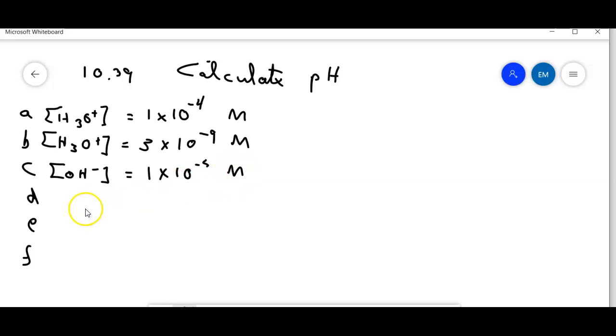D is 2.5 times 10 to the minus 11th. Yeah, that's a hydroxide. 2.5 times 10 to the minus 11th molar.